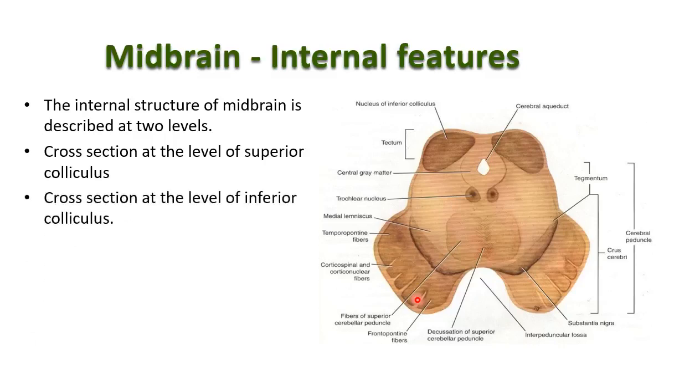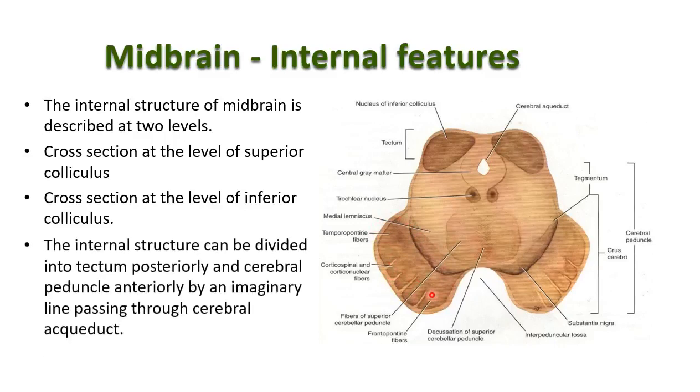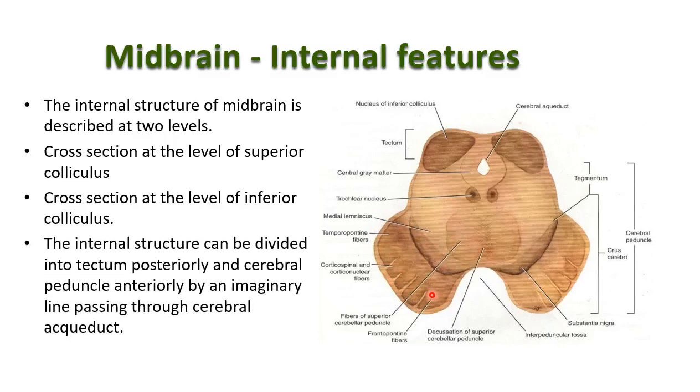The common part to both levels is mainly the ventral part, and here you are able to see the crus cerebri. The crus cerebri forms the ventral part, and the dorsal part is called the tectum.